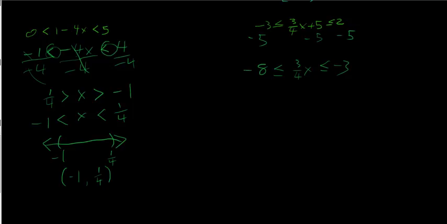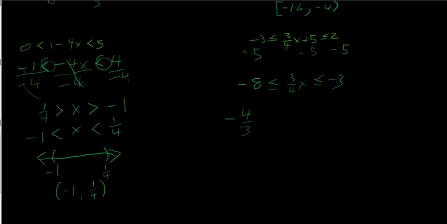Now, instead of multiplying through by 4 and dividing by 3, we can just multiply by the reciprocal of 3/4, which is going to be 4/3. So we're going to have 4/3 times negative 8 is less than or equal to 4/3 times 3/4 x is less than or equal to negative 3 times 4/3. Okay? So now these 3's cancel out.